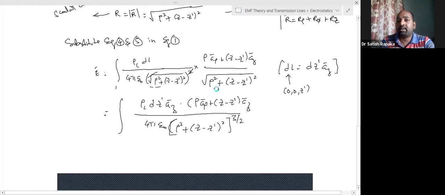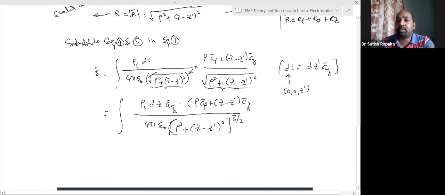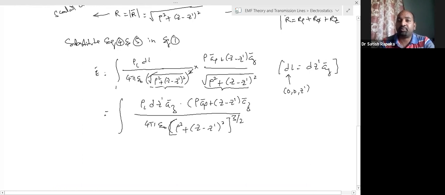And further simplifying this, I will give you the simplified expression.